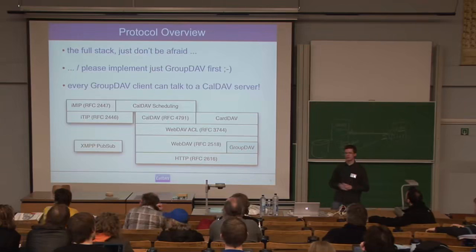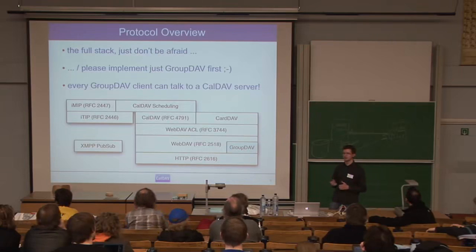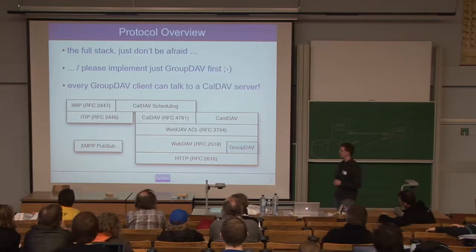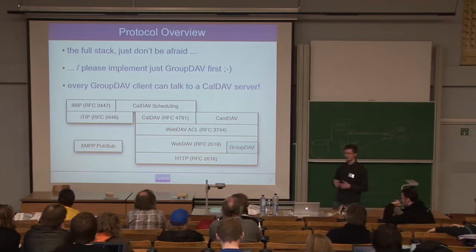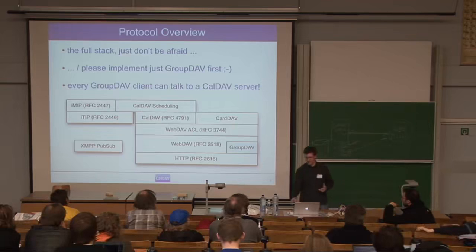I'm mostly interested in what needs to be implemented in a native client, like a KDE client or a GNOME client. They need much less operations. In fact, we have a small subset of that defined in the so-called groupware standard. It's not really a standard, it's more like a document which contains the interoperability issues. I'll show that later.